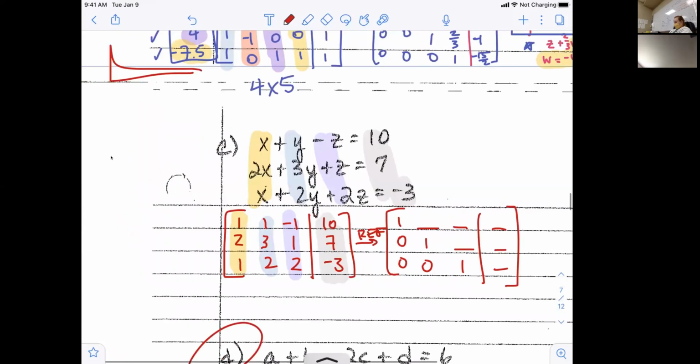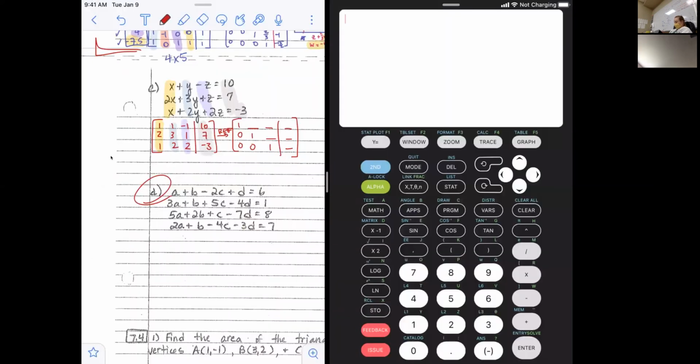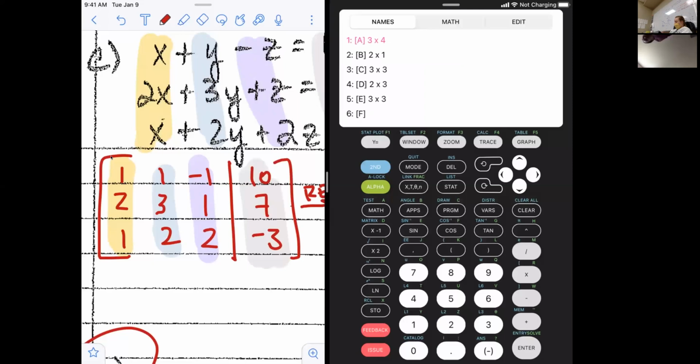I'm sure I just got that in pictures. Once I put my matrix in, I'm going to set myself up, see what my answer should be.